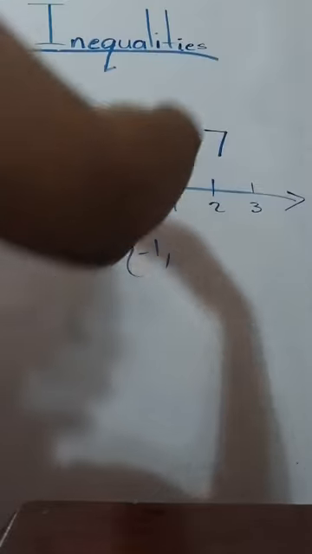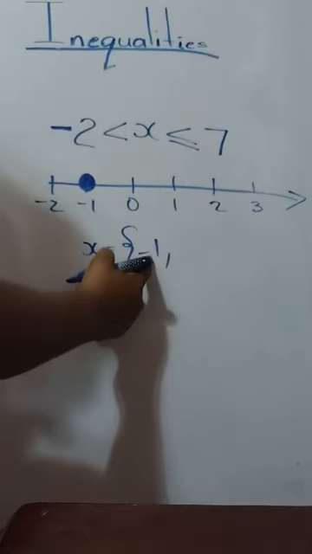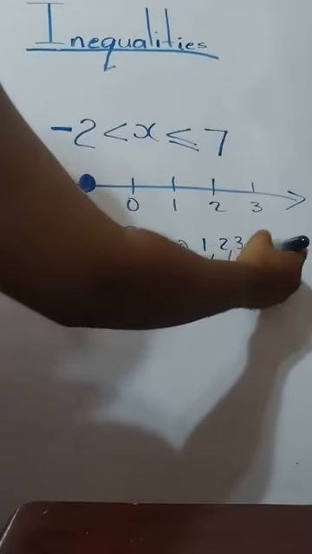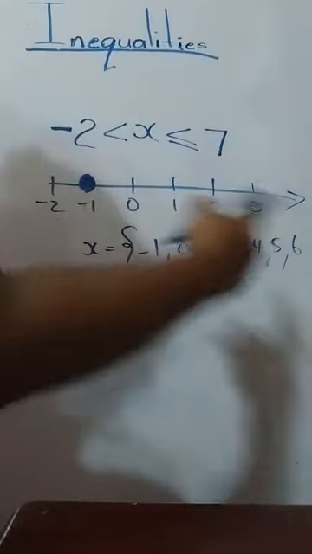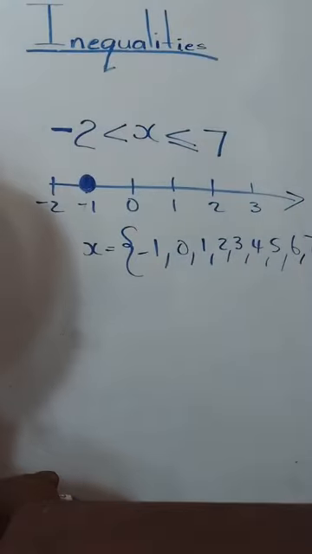So I cannot pass the 7. What are the values then? -1, 0, 1, 2, 3, 4, 5, 6. Do I write 7? It says x is less than or equal to, so 7 is also a value that x could take.